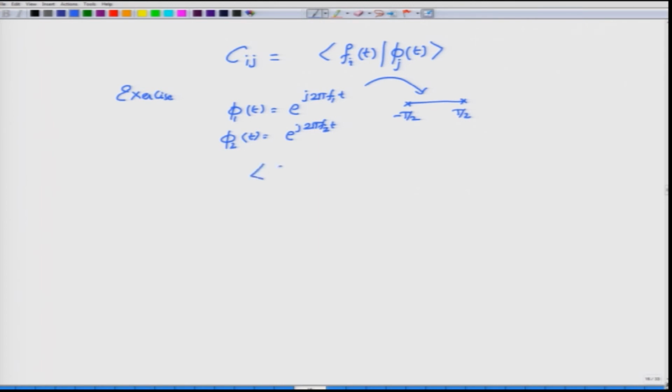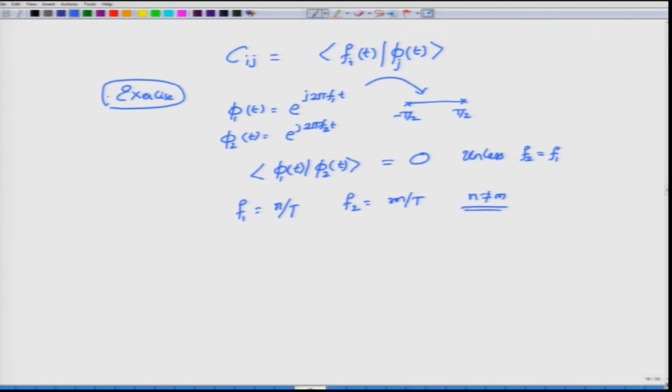Can you show that phi 1 of t is orthogonal to phi 2 of t, that is, the inner product will be equal to 0 unless f2 is equal to f1? You can also further assume f1 to be an integer multiple of the inverse duration 1 by T, that is n by T, and f2 is some m by T, where n is not equal to m. Okay. I believe this is a very important exercise. Please do work this out so that you can better appreciate the concepts of orthogonality.